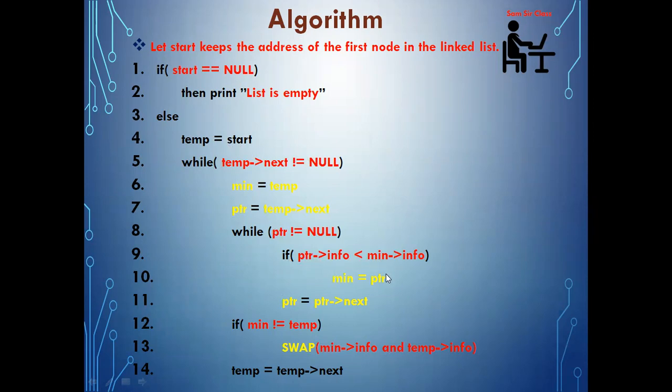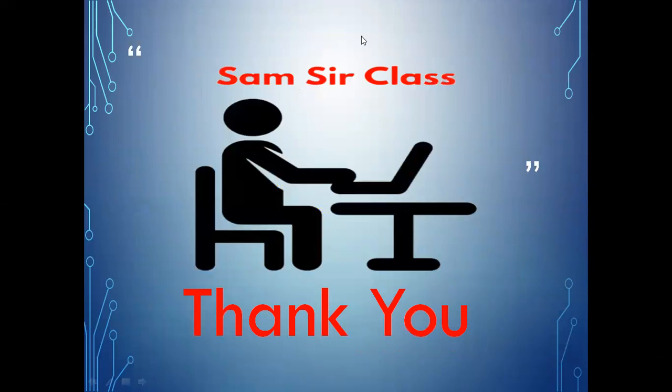So min is pointing to the smallest one after a single iteration. Then I am checking whether the assumption I made and what I am now getting are not equal; if so, I need to swap the values of min and temp. After that, the next iteration will start. So by following this principle, we are able to sort the values of a single linked list.